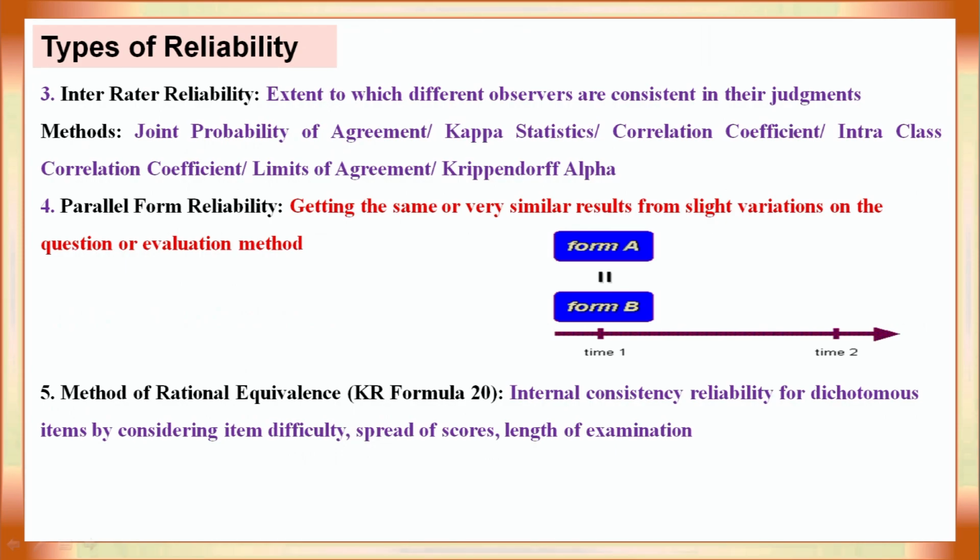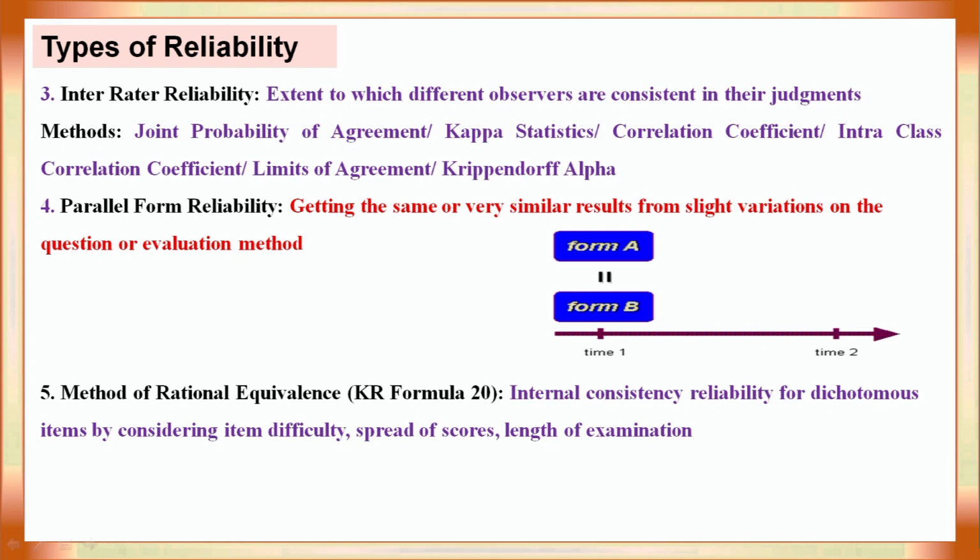Okay. So, coming to the next type of reliability, that is inter-rater reliability. If you remember, many times I discussed that in the social sciences, one of the problems is the number of observers engaged in the data collection, because a human observer is always involved in the interpretation or collection of information.